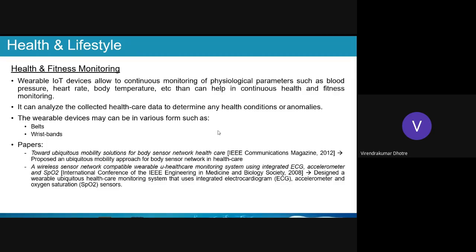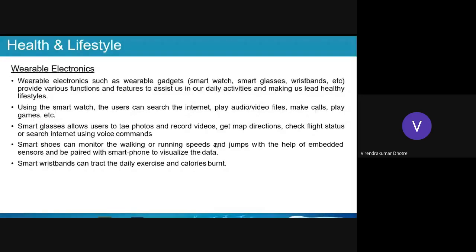So wearable devices can help to get this, and those wearable devices can be belts, wristbands, right? Even we can check ECGs also. Wearable electronics are the gadgets, smart watches, as I said, smart glasses, wristbands, etc., which provide various functions and features to assist in daily activities.